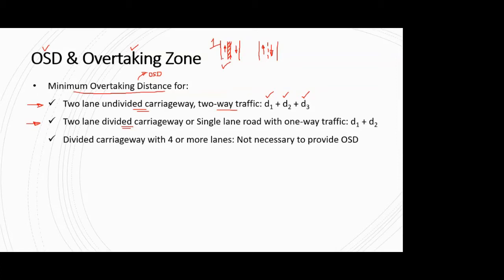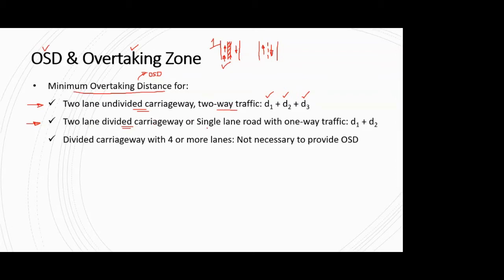So even if the overtaking operation takes place in this lane, only two vehicles will be involved, one slow moving vehicle and another fast moving. There will be oncoming vehicles, but with a solid barricade, there will not be interference of the opposite direction traffic. That's the difference between a two-lane divided carriageway and a two-lane undivided carriageway, both having two-way traffic.